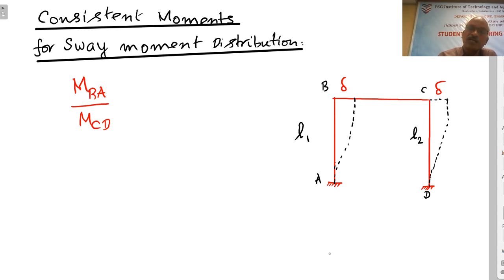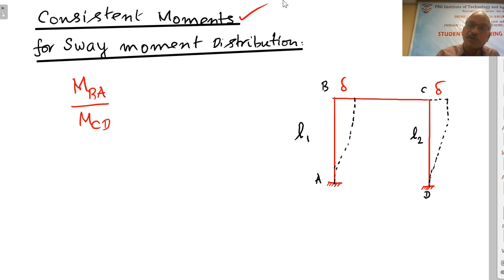Now assuming the frame to sway either to the right or to the left, we will assume moments which are called consistent moments. Here let us assume the frame to sway to the right. If it is not correct, the sway force will come with a negative sign, indicating that our assumption is wrong.